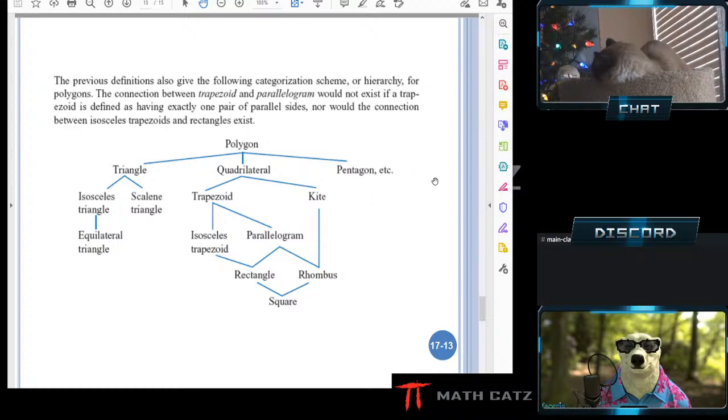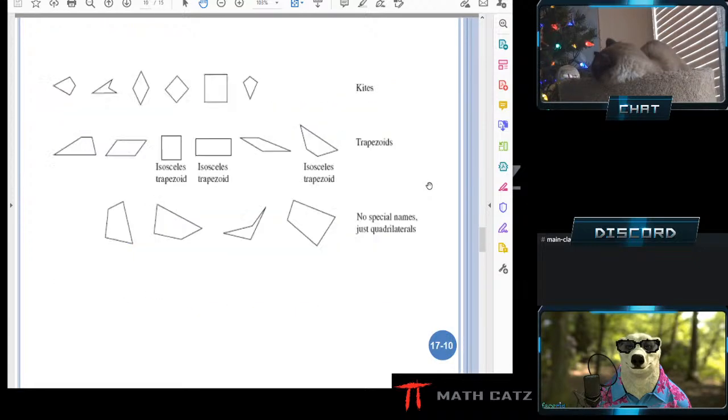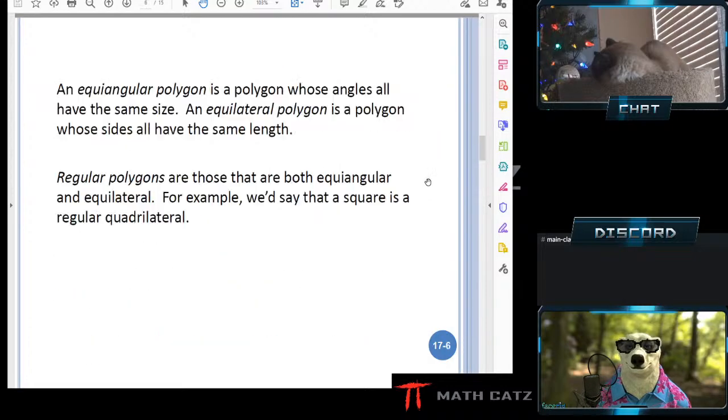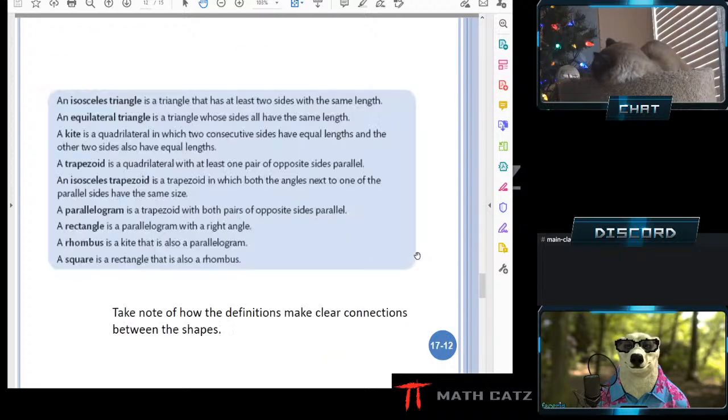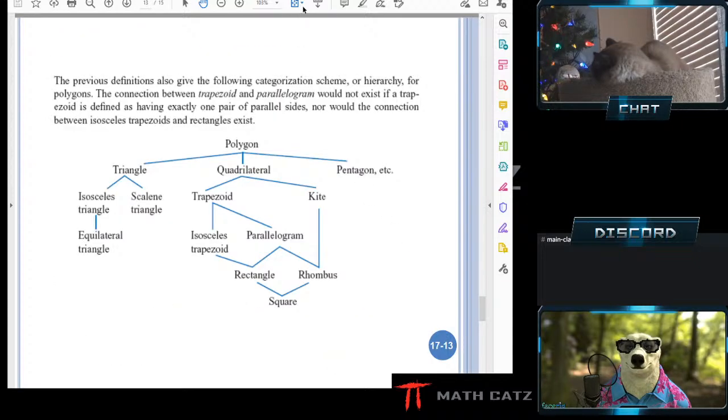When it gets bigger, pentagon, hexagon, and so on, we are happy with equiangular, equilateral, regular. Nothing more specific than that. And we'll find later on, regular is the most important one. Okay, so that's basically it.